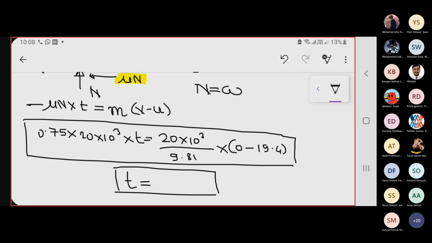Such problems will be asked in the impulse momentum equation.